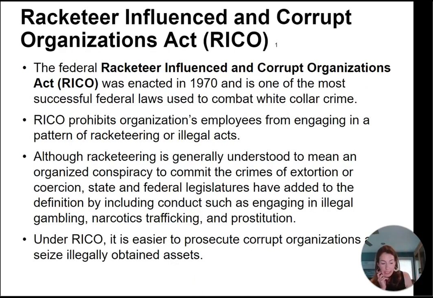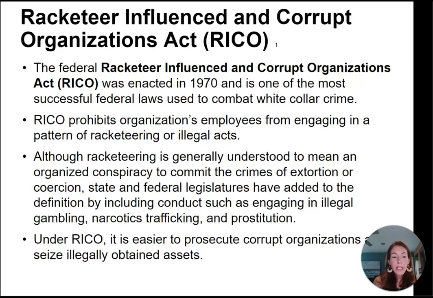So we have this statute called RICO, the Racketeer Influenced and Corrupt Organizations Act. This was enacted in 1970, and it was designed to bring down organized crime. It prohibits organizations and their employees from participating in a pattern of racketeering or illegal acts. So racketeering is a pattern of illegal scheming and activity for profit.